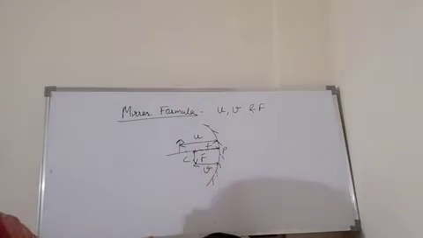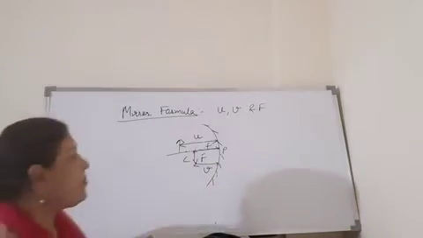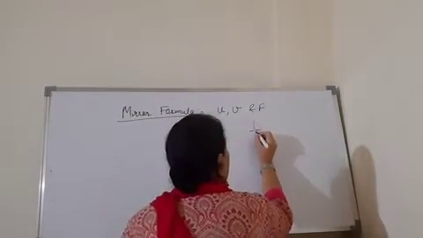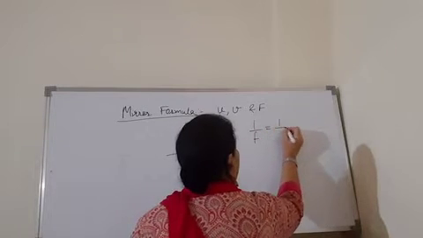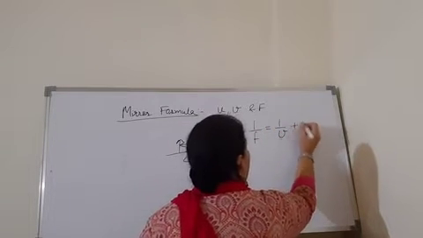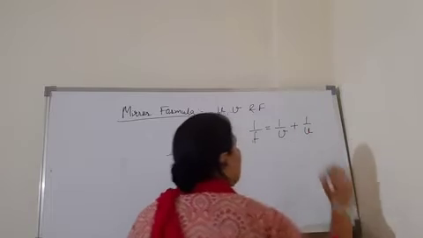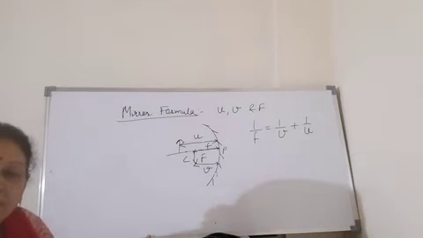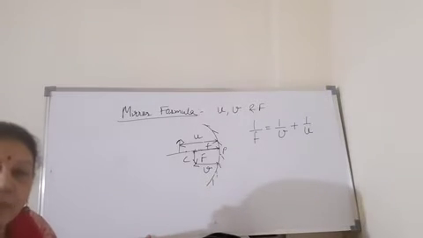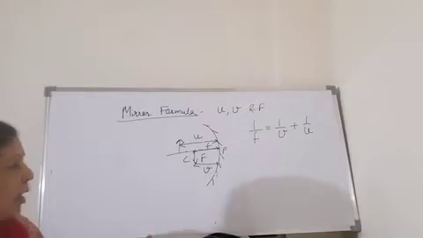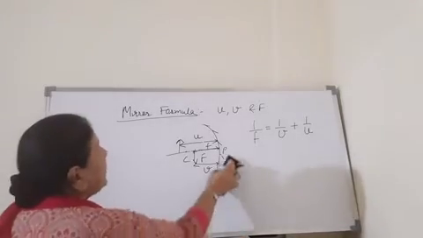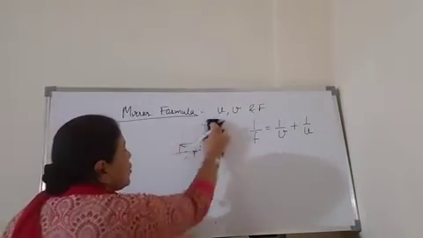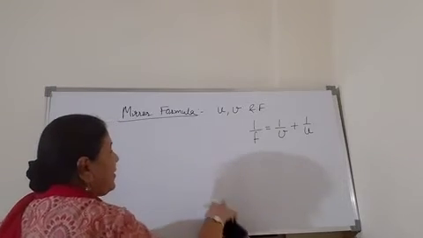So U, V and F, and the mirror formula gives the relation between them, that 1 upon F is equal to 1 upon V plus 1 upon U. This is referred to as the mirror formula. Let's take an example and then we'll see what U, V, F will be in this case.